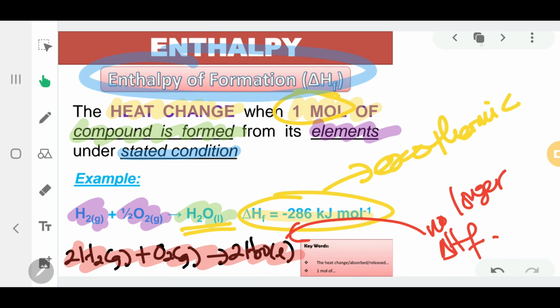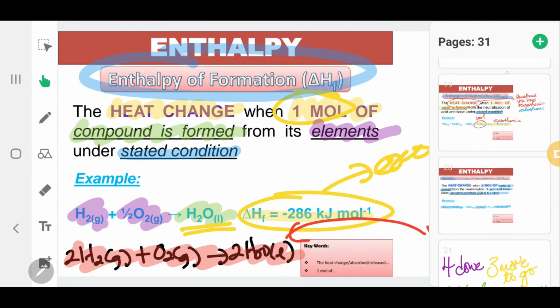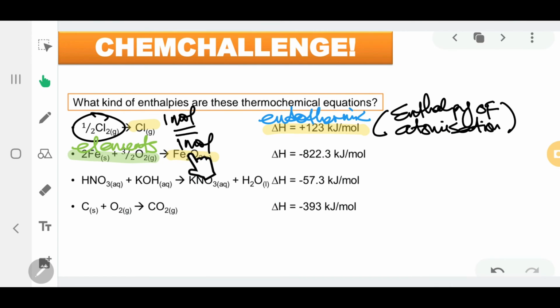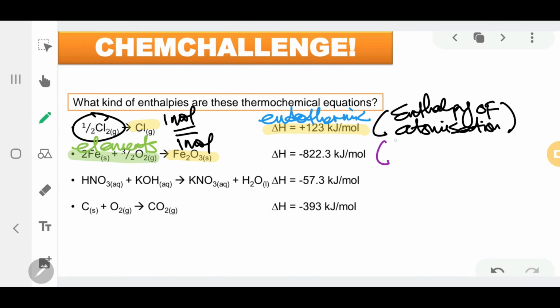Going back to the exercise, you have 1 mole of Fe2O3 being produced from its elements. Therefore, the second one is the enthalpy of formation.